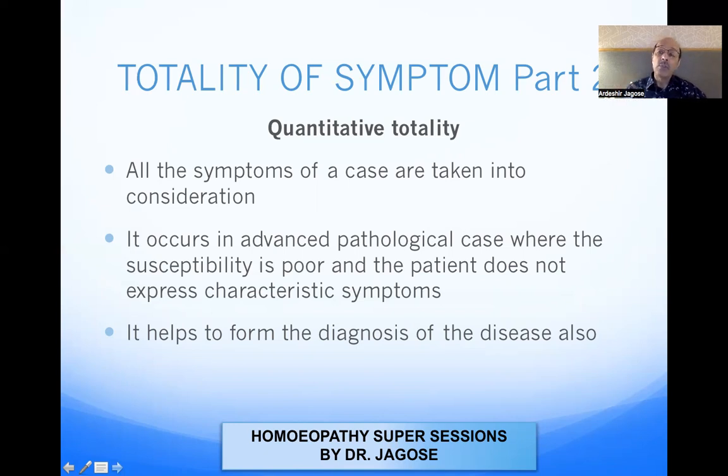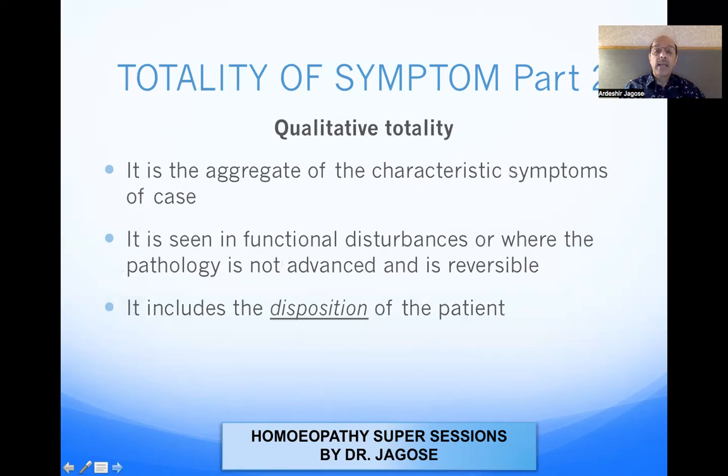So we have no other choice, we take the common symptoms and prescribe. Then what will happen? The susceptibility, which is enfeebled, will get slightly stronger, or it will get raised. Once it gets stronger, then it will exhibit the PQRS symptoms. So again, retake the case and try to find out the next best remedy.